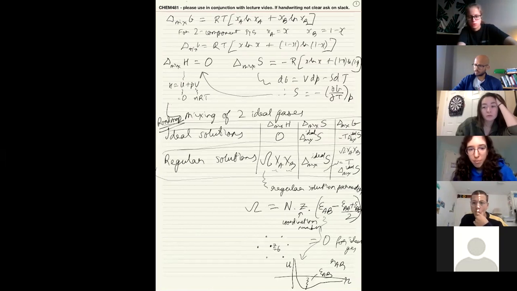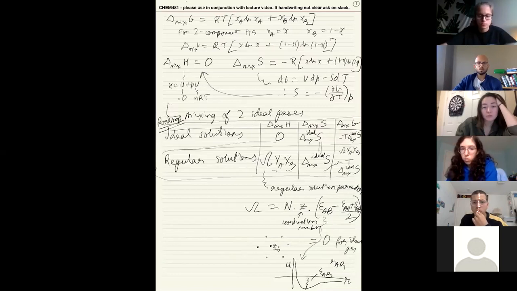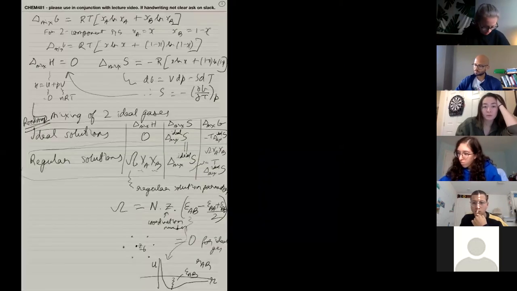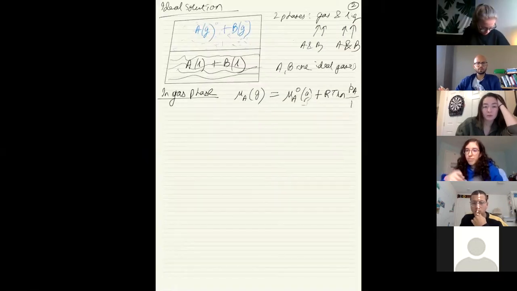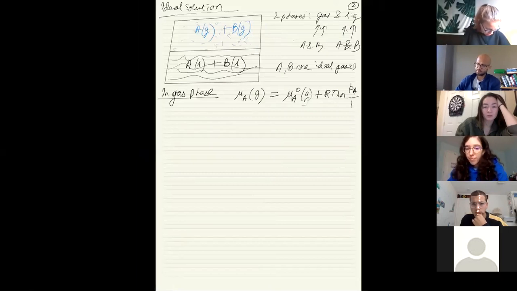So you are asking about delta mix for the regular solution. That's going to be the same as the delta mix for the ideal solution. Is the negative T for delta mix G for real solution? Real is real, everything goes funky. All kinds of things happen. We are not going to get more real than regular. It'll give you a sense of how things look, but with real, all kinds of strange things can happen.